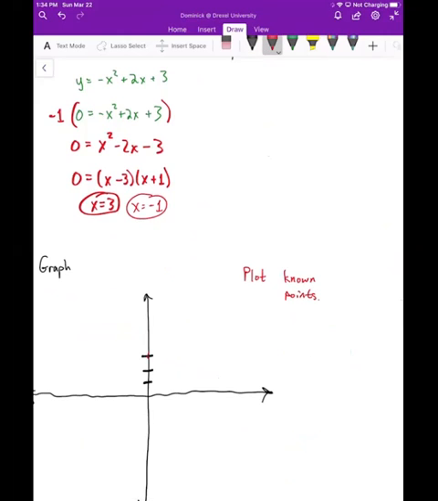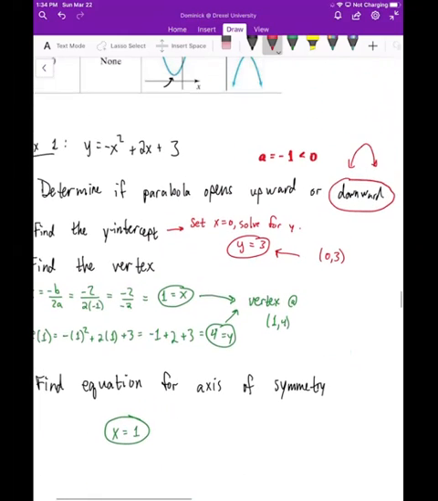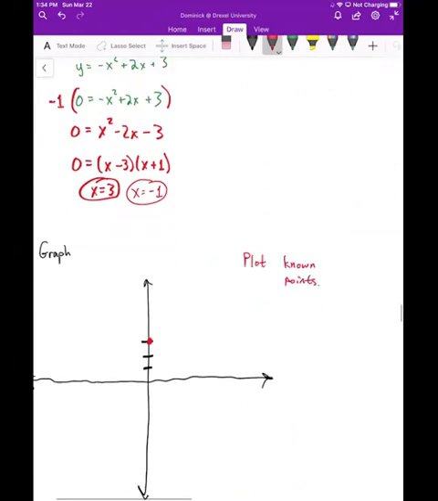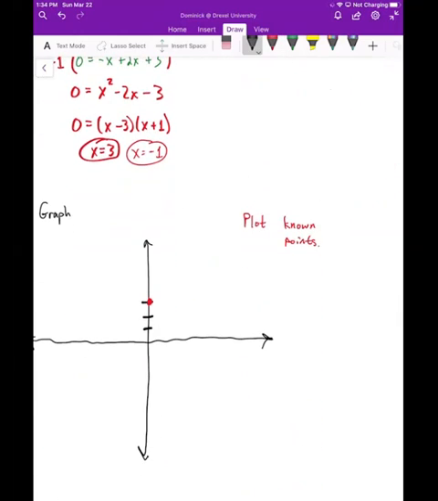So we get a point right here. So that's our y-intercept. What else do we know? Well, we also know that the vertex is located at (1, 4). So that's another point that we can plot. So (1, 4) will, of course, put a point right here.